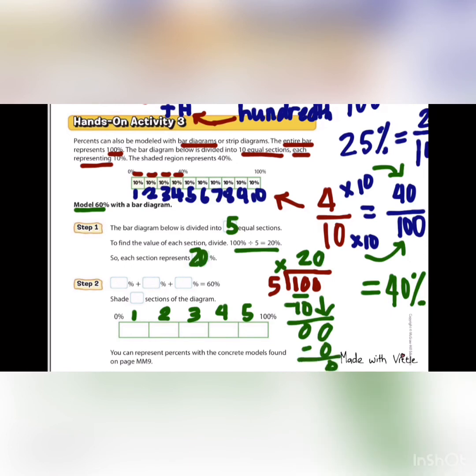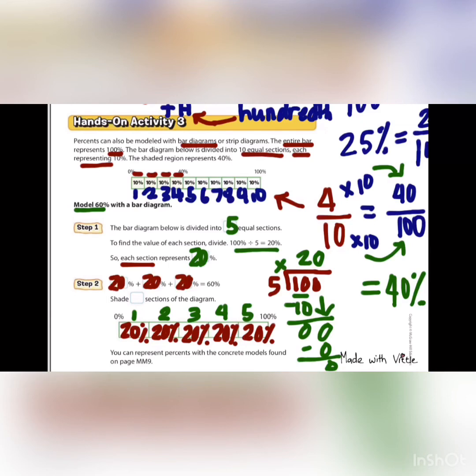So, each section represents 20% after dividing 100 by 5. So, if we have to model 60% out of these 5 boxes, how many boxes should we shade in? That should be 3 boxes that will equal 60%.